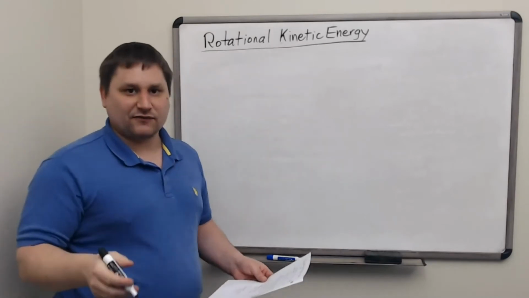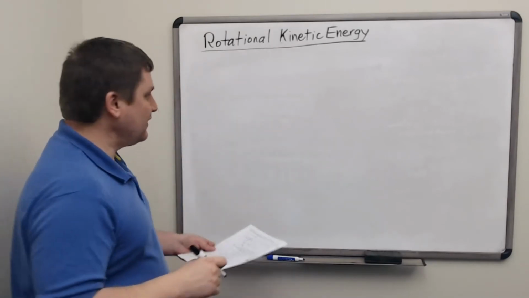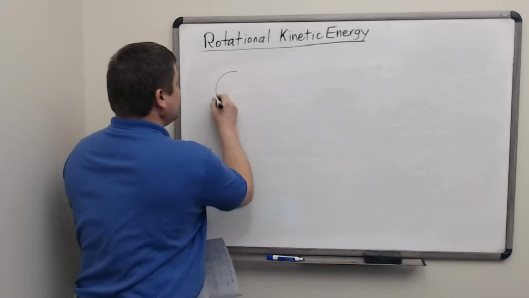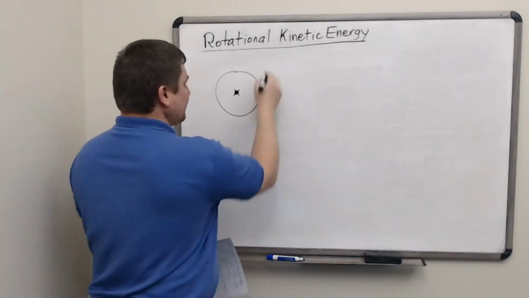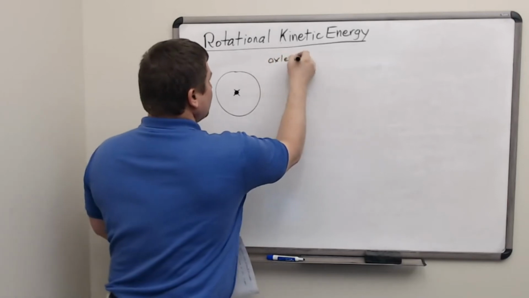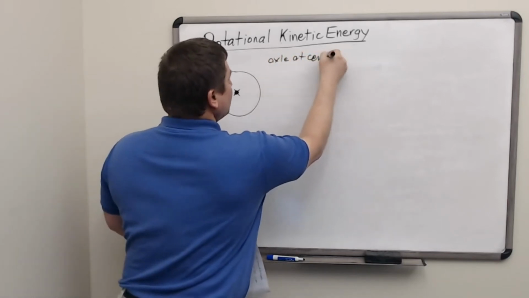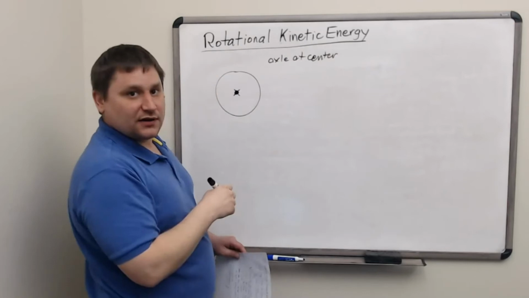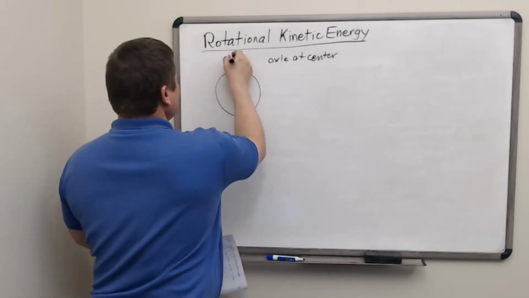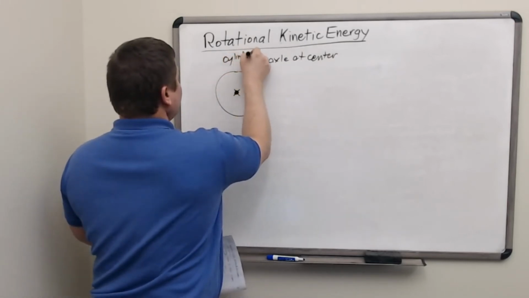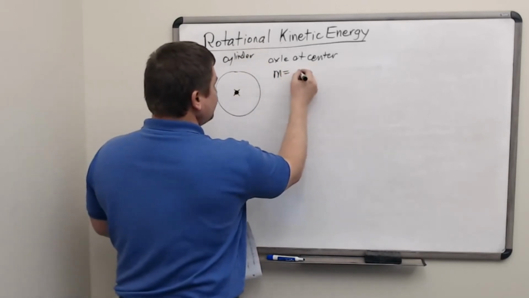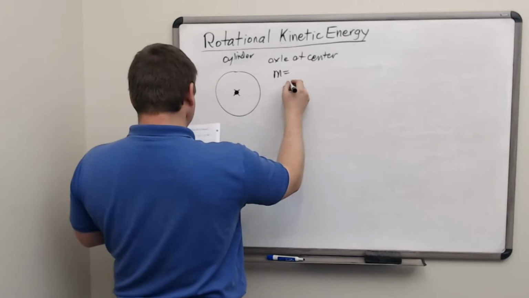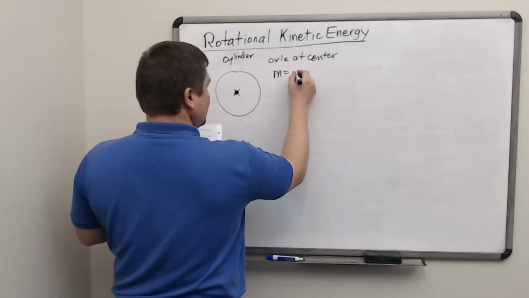First, let's set up something rather simple just to see how the numbers work together. Let's take a cylinder with an axle at the center, so it can't move, it can only rotate. I'm going to specify the mass of this cylinder, 20 kilograms.